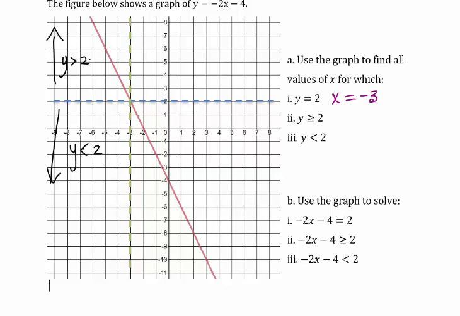So we know that we're going to write this top region down where y is greater than 2, but also include where it is equal to 2, since the inequality says y is greater than or equal to 2. Okay, so now that we know the region that we're going to write down, we look at where the x's are located, which is when x is less than or equal to negative 3.